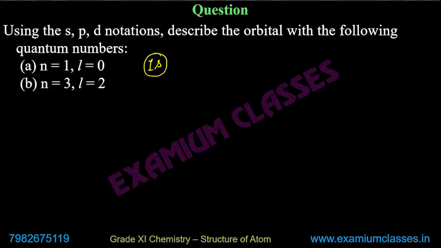n equals 3, l equals 2 means 3d, since 2 means d.